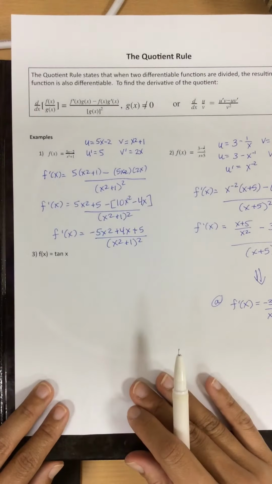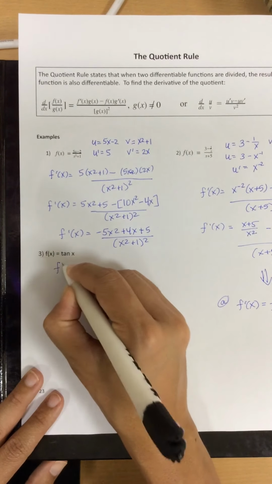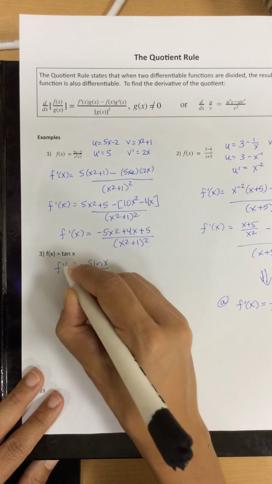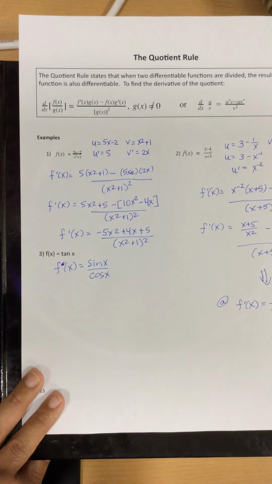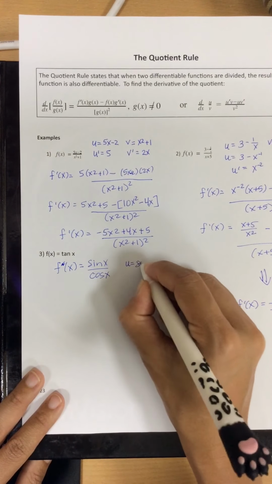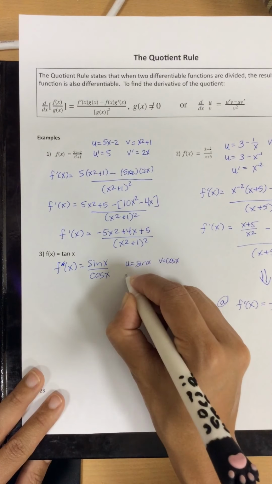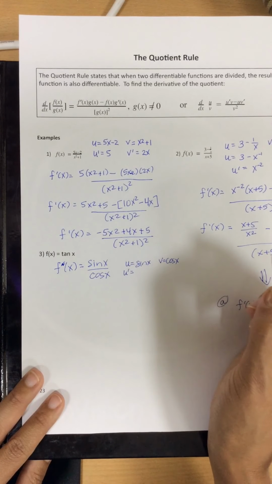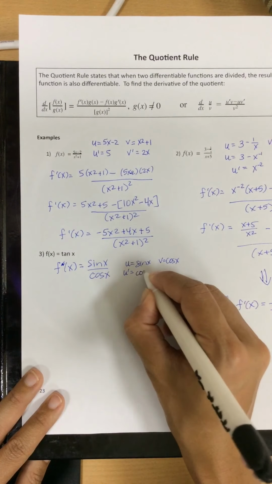Okay, third and final one, tangent x. Why are we doing that? Because I can rewrite this as a quotient, right? F of x is sine x over cosine x. So u would be sine x, v would be cosine x, u prime would be cosine x, right?